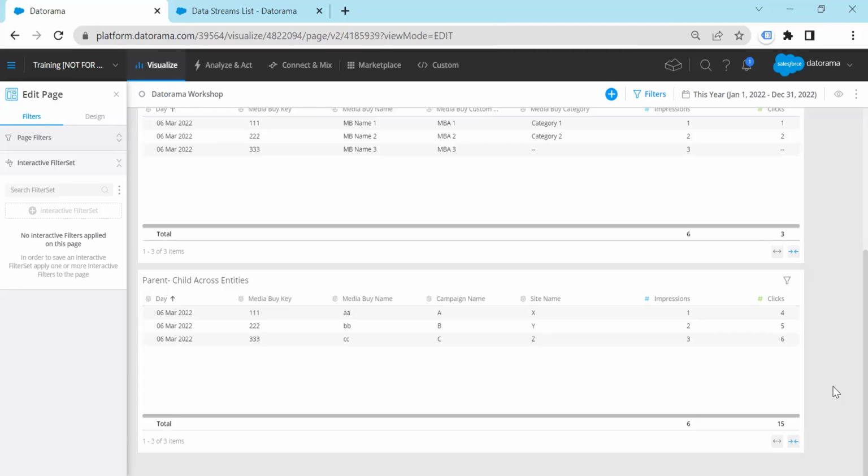First is to determine what the components of the two data sets are. Second is, do I have a common key between the two data sets? Third is, what is the hierarchy? A full hierarchy is when we have a media buy key, campaign key and site key.